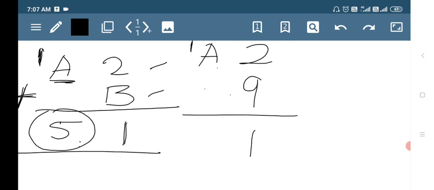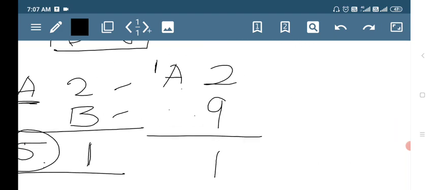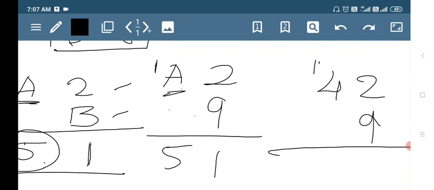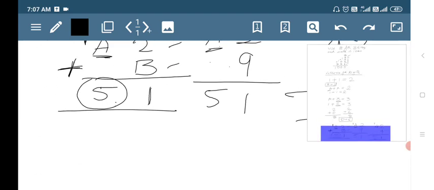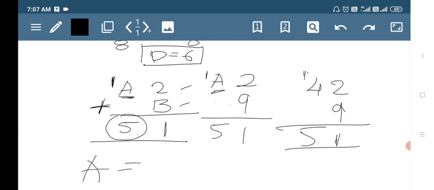In the next step, what could be the possible value of A to get 5? That is 4. 2 plus 9 is 1, carry 1, 4 plus 1 is 5. So, what is the value of A and B? A is equal to 4, B is equal to 9. This is how we will be doing.